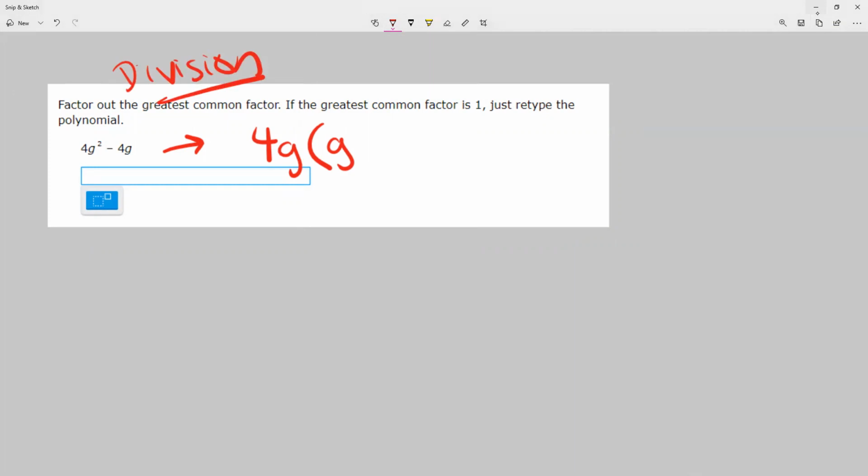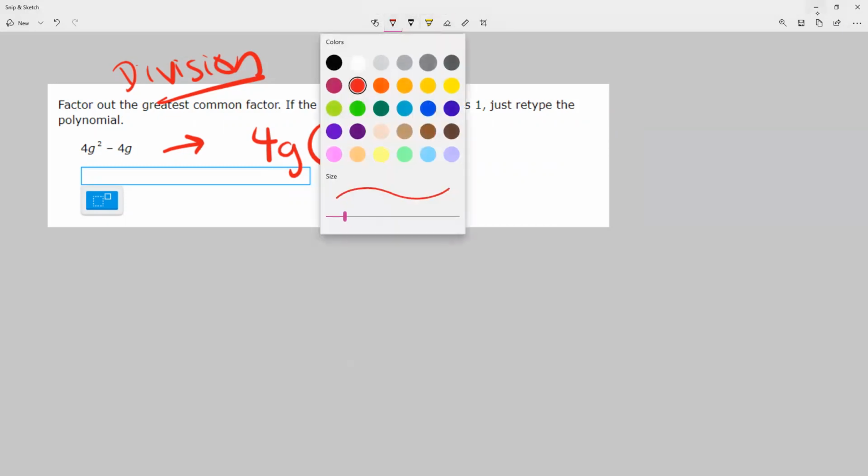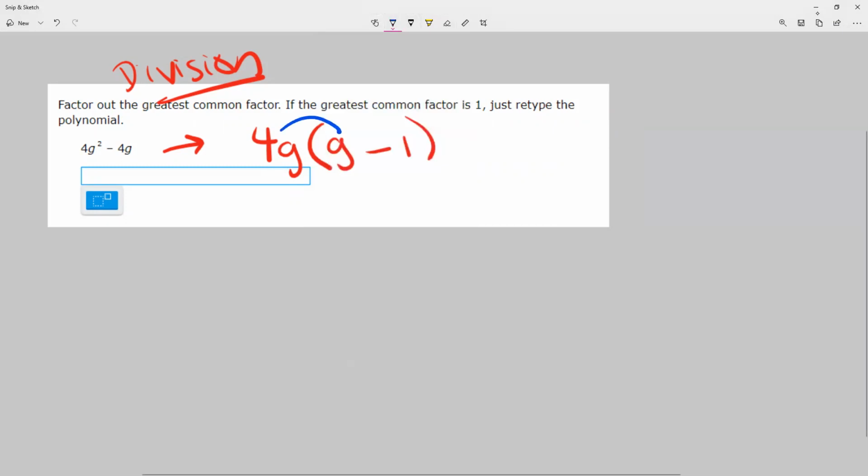And so when I take it out, really I'm dividing it. 4G divided by 4G, and that's going to leave behind a 1. So this means if you take the whole thing out to the front, you left behind that 1. So you divided it out, which leaves 1 behind. Think about the multiplication too. If you're moving forward, 4G times G, and then 4G times negative 1 to get this negative 4G.